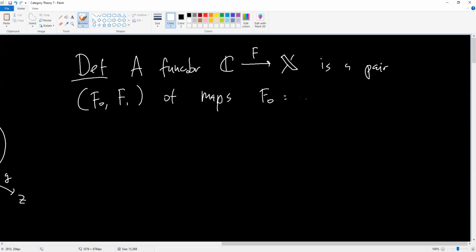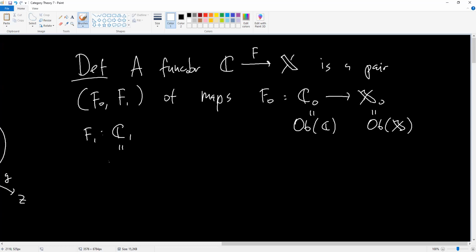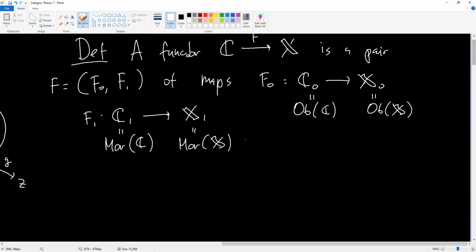So F0 goes from C0 to X0, and the zero notation is just another way of writing the collection of objects of C, and the collection of objects of X. And F1 is a map from C1, which is just another way of writing the collection of morphisms of C, to X1, which is morphisms of X. So we have a mapping of objects, we have a mapping of morphisms. But these mappings should satisfy certain conditions.